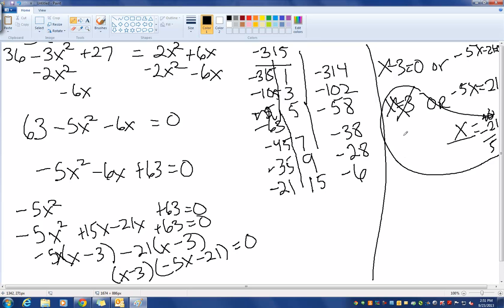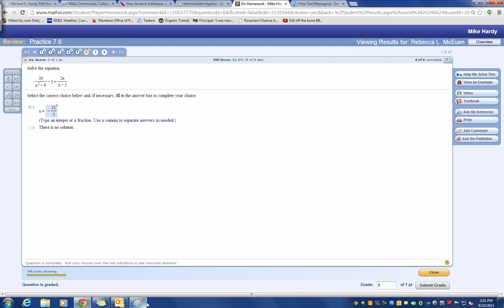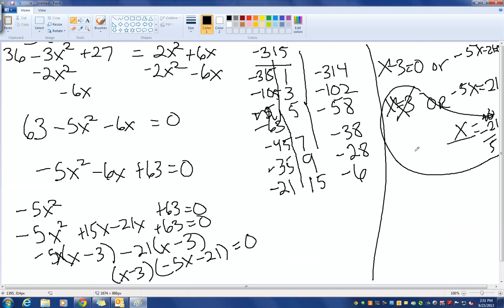So x equals 3 isn't a solution. Substituting negative 21/5 is going to get messier than it already is, but that is in fact going to work. So negative 21/5 is the answer that checks and isn't extraneous. A lot of work to get to it, but that is basically what's involved.